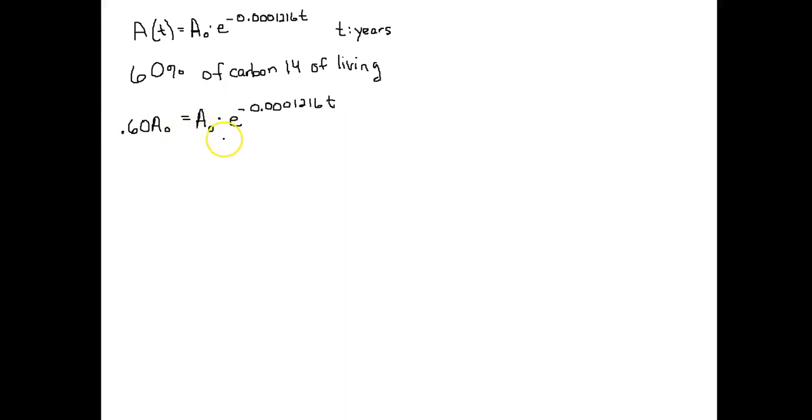Well, now we've got A sub 0 on each side that can be divided, because we know that the initial amount's not 0. So we can divide both sides by A sub 0, and that's going to leave us with 0.6 equals e raised to the negative 0.0001216t. And now we're down to one variable, t, to solve for. We want to figure out that time in years.